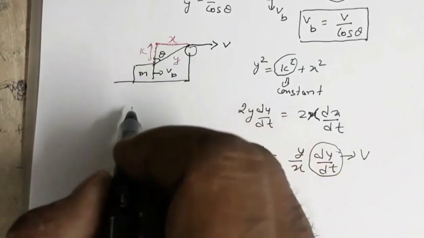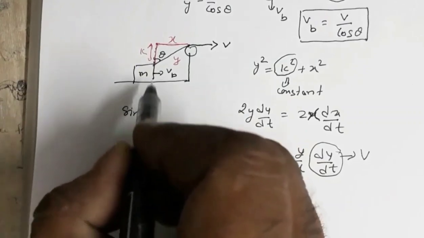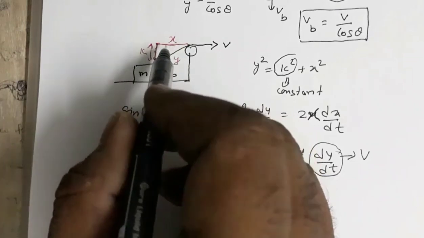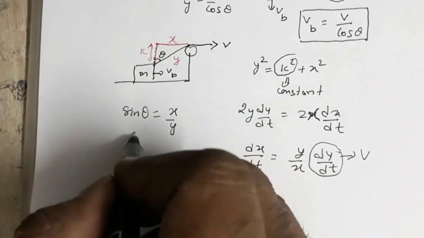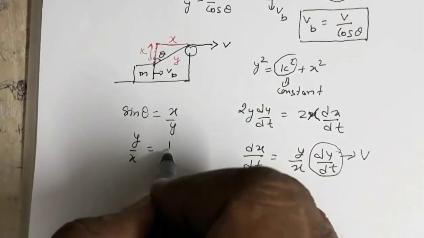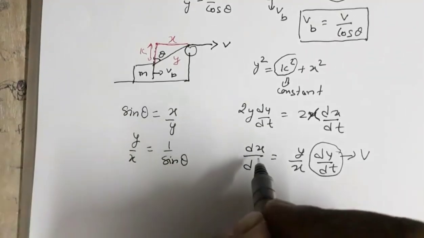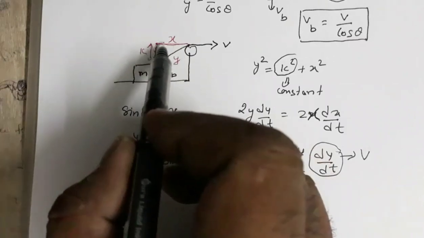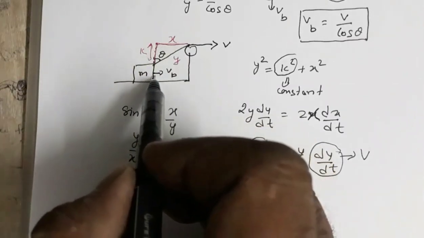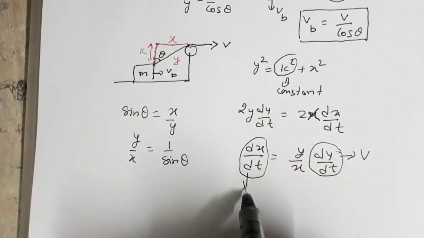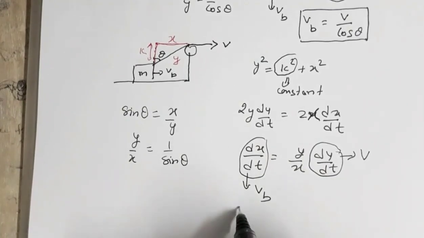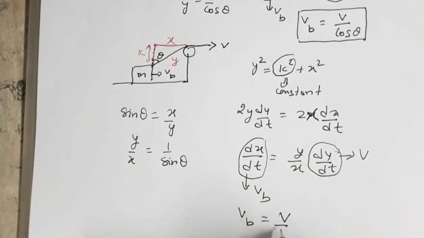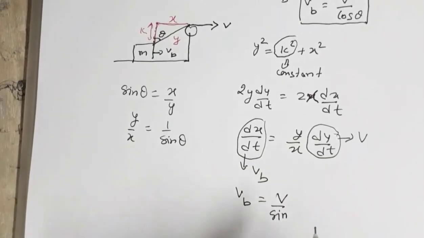Sine theta is x by y in this triangle, so y by x will be 1 by sine theta. Dx by dt is the rate of change of this length, which is equal to the velocity with which this block moves, so this quantity is Vb. So Vb is equal to 1 by sine theta into v, that is v by sine theta.